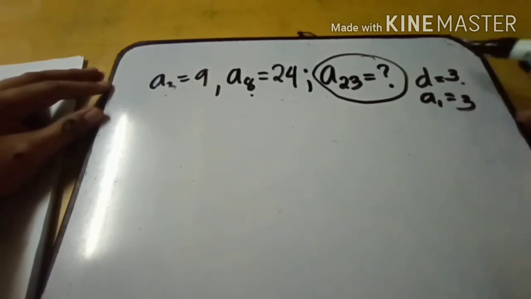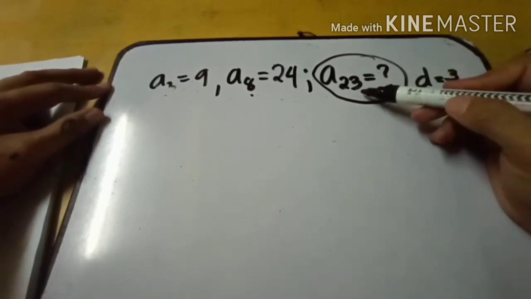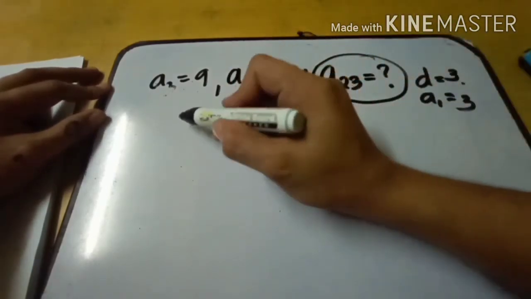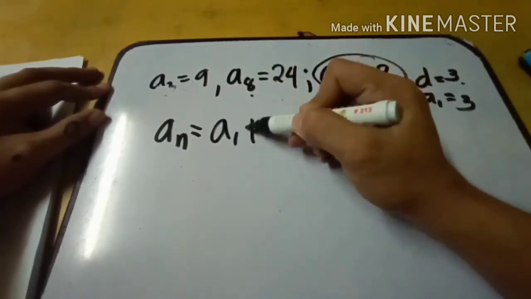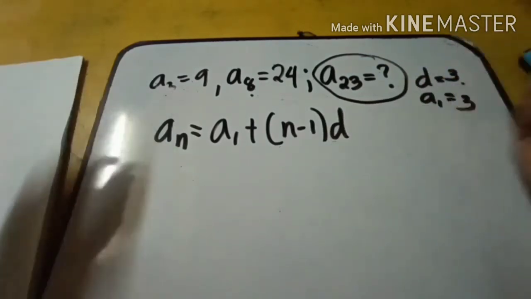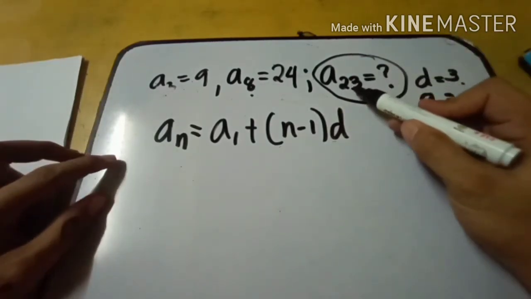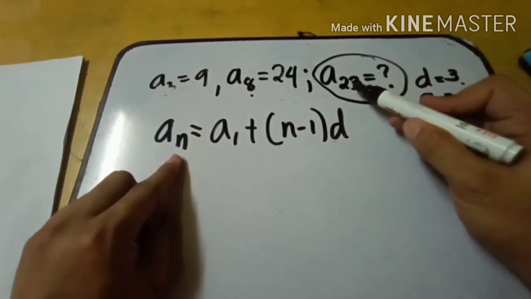So we can substitute this to the general formula of an arithmetic sequence in order for us to solve this given problem. So we have here a sub n is equal to a sub 1 plus the quantity n minus 1 times d. So our problem is the 23rd term. So automatic our n is 23.